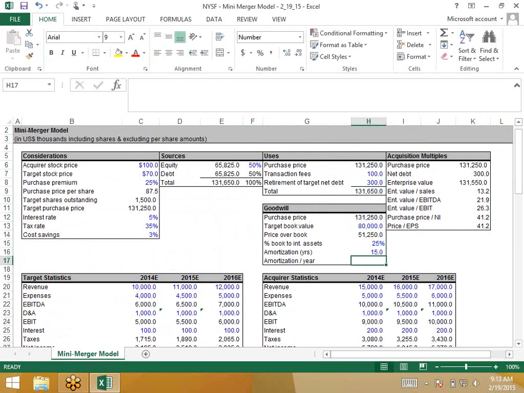It's the rest that is amortized. So 25% of that will be spread out over 15 years. So we're going to take the price over book times 25% divided by 15. $854.2.